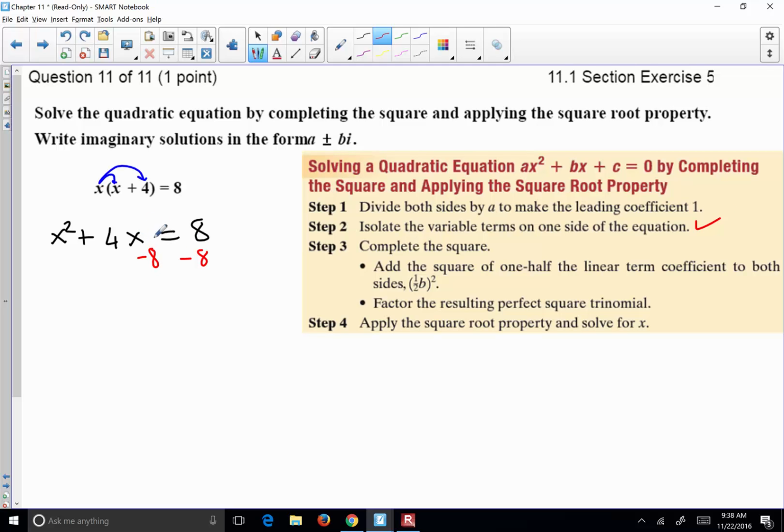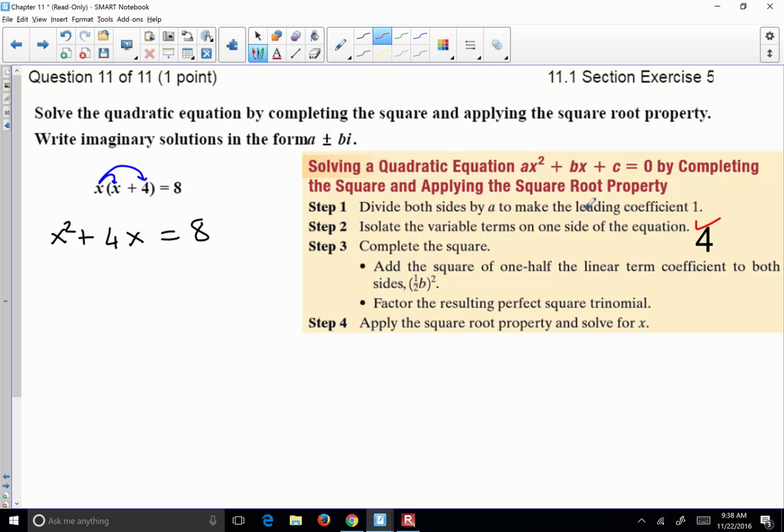If you have a number next to 4x, you need to move it to the other side anyways, and this is already moved to the other side. So this question is even easier, more convenient than number 9, because they already moved 8 to the other side. Okay? So step 1 is, why did I skip step 1?